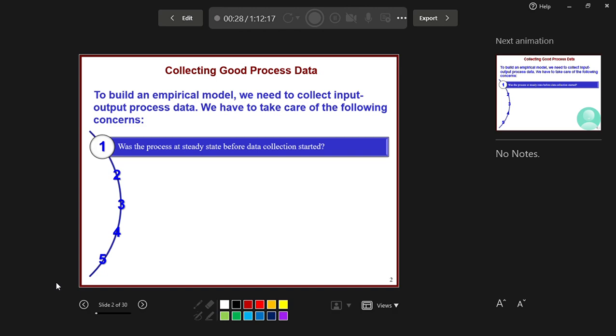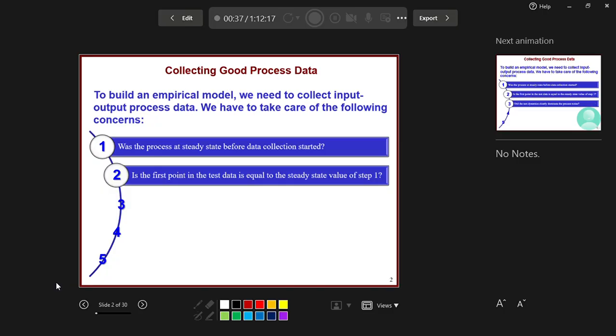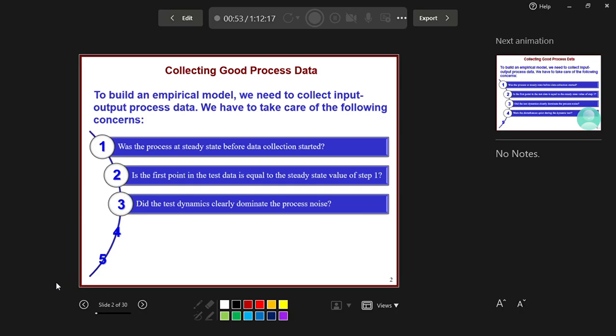The first one: make sure that the process was at steady state before the data collection started. The second one: you need to make sure also that the first point in the data collected is the same as the steady state value that the process was at. The third precaution is that you need to make sure that the dynamics of the process dominate the process noise.